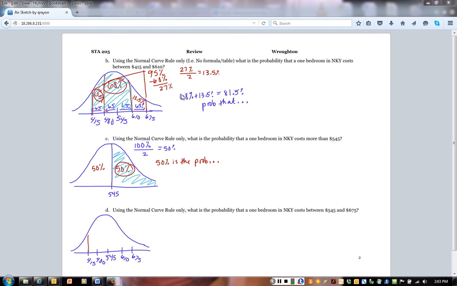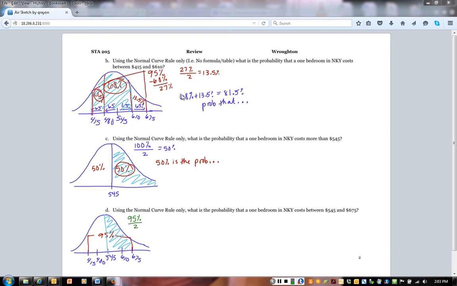So between here and here, so we're 2 standard deviations out, is 95% in total. But I want just this piece of it. So if there's 95% total between it, how much is there in each of those pieces? Well, I'll just take my 95%.